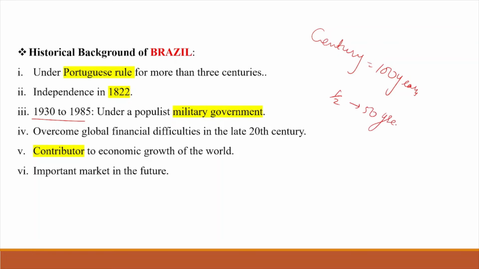So for a little more than 50 years, Brazil was under military government. So the military was governing the country. They didn't have a parliament or a president or a prime minister for a long time between 1930 to 1985, and the country was governed under the military rule. All right.